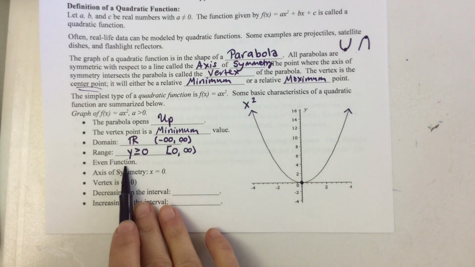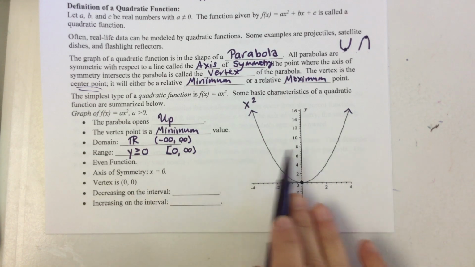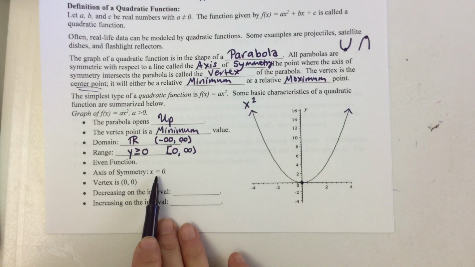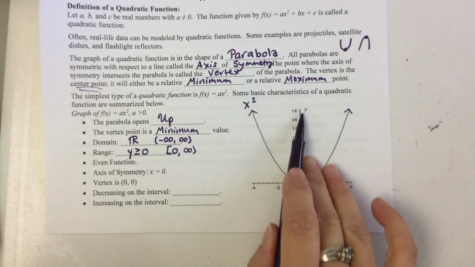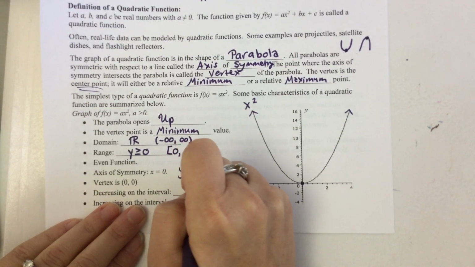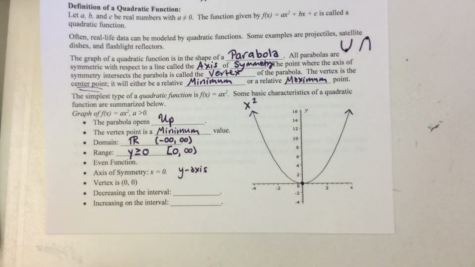This is an even function. It's symmetric to the y-axis. Your axis of symmetry is x equals 0, meaning it's a line that cuts through the x-axis at 0. That is the same as the y-axis here. X equals 0 is the equation for the y-axis. Your vertex is at (0, 0).